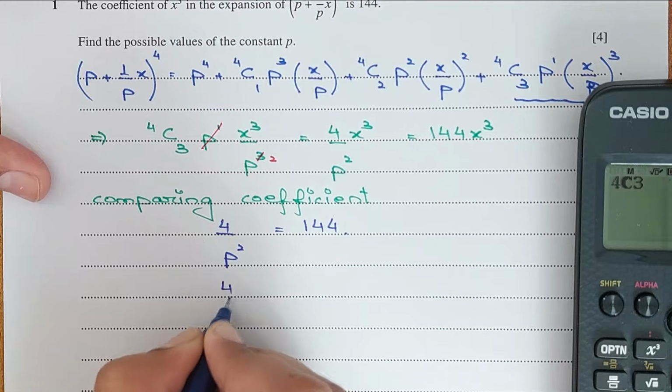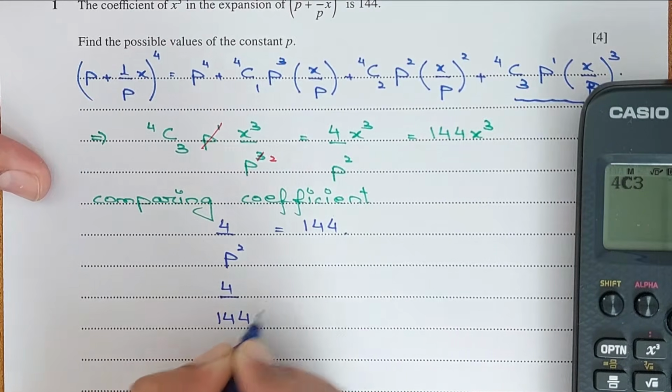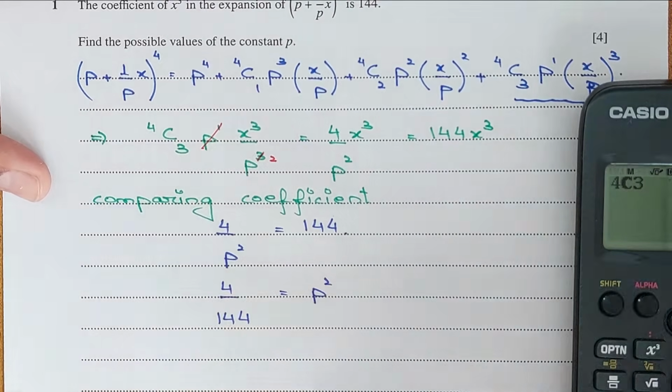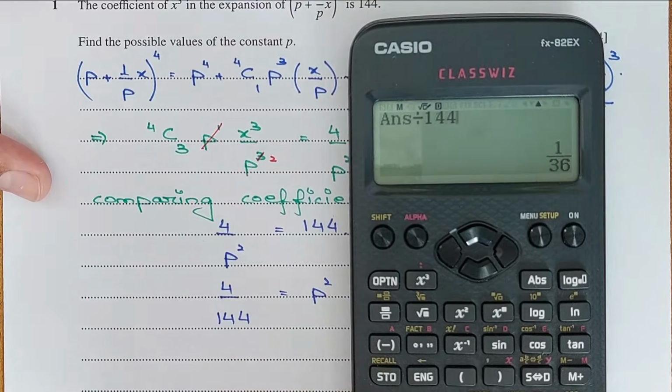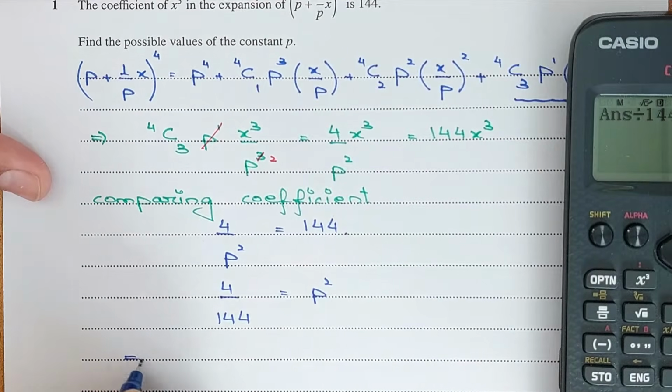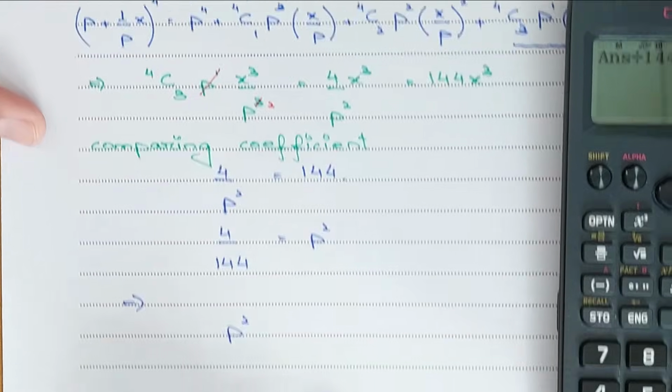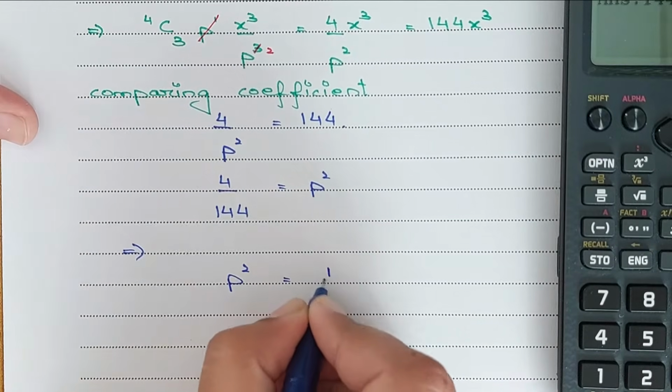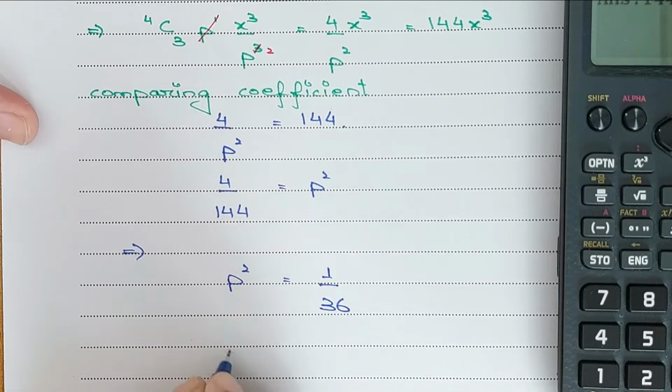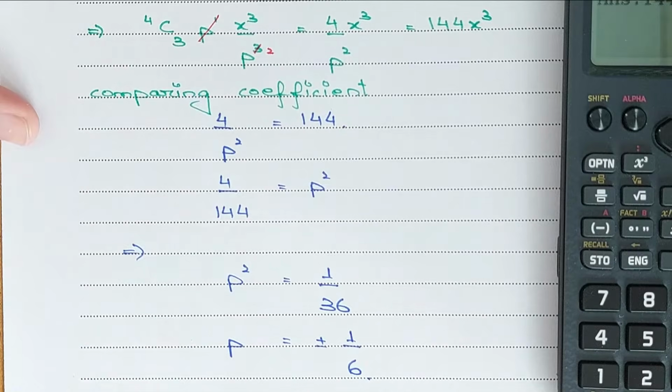From here, 4 over 144 is equal to p squared. 4 divides 144, this is 1 over 36. So p squared is 1 over 36, and p equals plus or minus 1 over the square root of 36, which is 6. So the possible values of constant p are plus or minus 1 by 6.